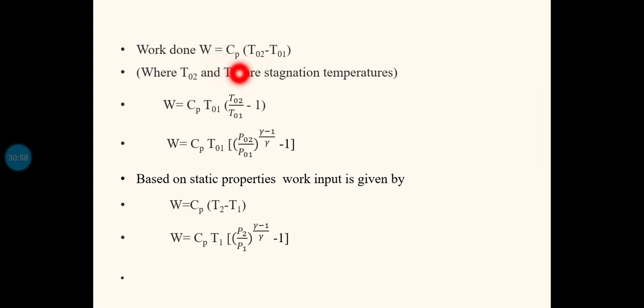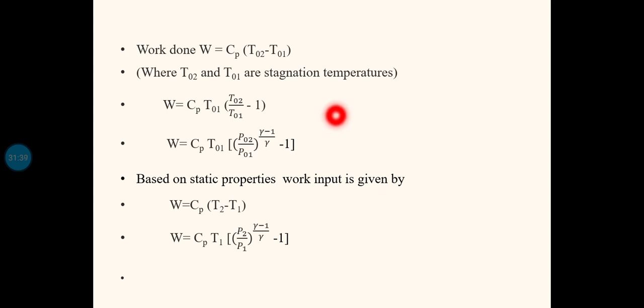So W, the work required per second, is equal to Cp into (T02 minus T01), where T02 and T01 are the stagnation temperatures. I am taking this T01 outside, so it becomes W equal to Cp T01 into (T02 by T01 minus 1). Now this can be rewritten. For an isentropic process, the relation between temperature and pressure is T2 by T1, where T2 is the final condition and 1 is the initial condition, equal to (P2 by P1) raised to (gamma minus 1) by gamma, where gamma is the isentropic index.